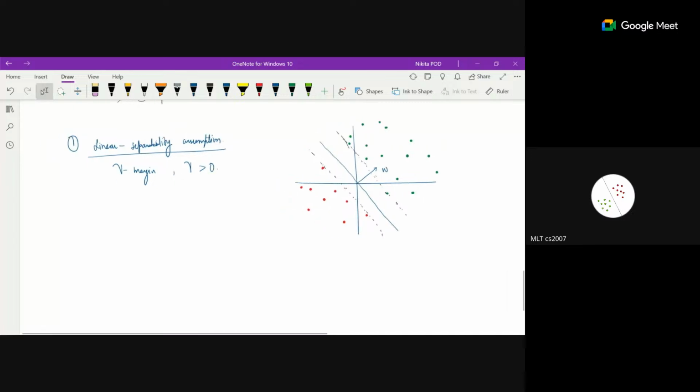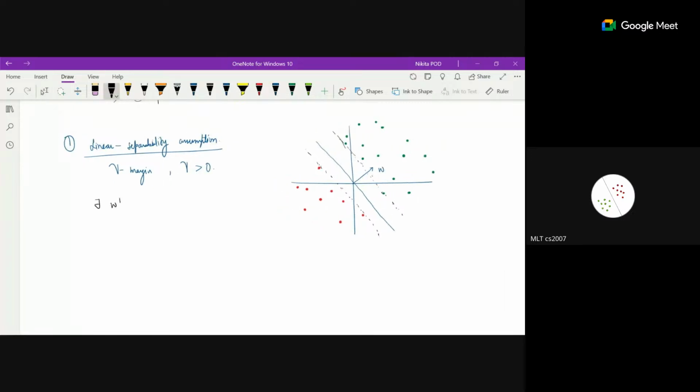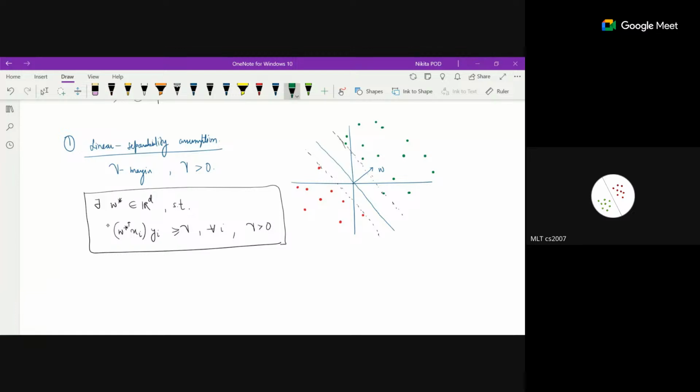It means that there exists some W star which belongs to R^d such that W star transpose Xi Yi is greater than or equal to gamma, for all i and for gamma greater than 0. So this should hold.